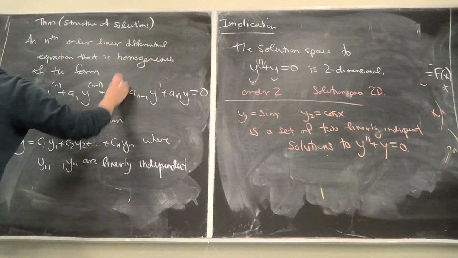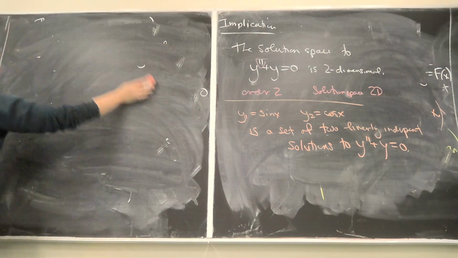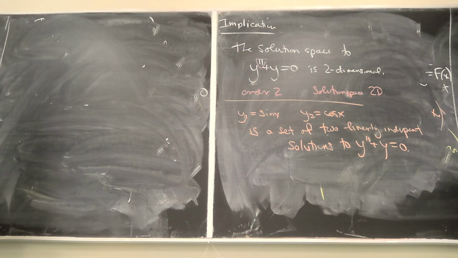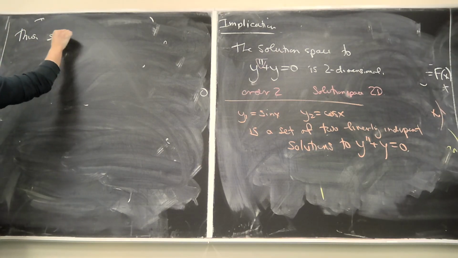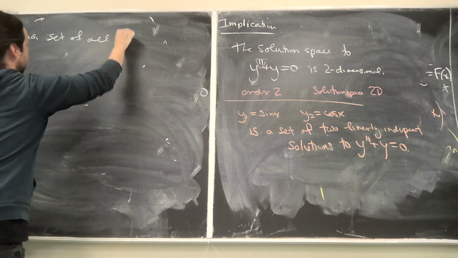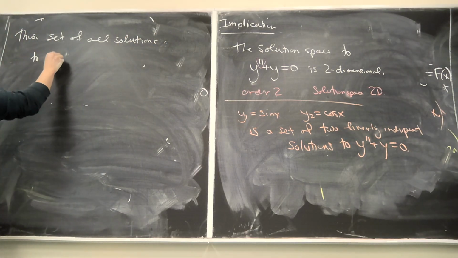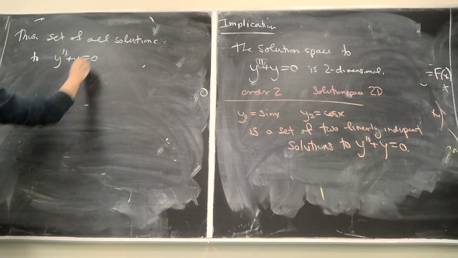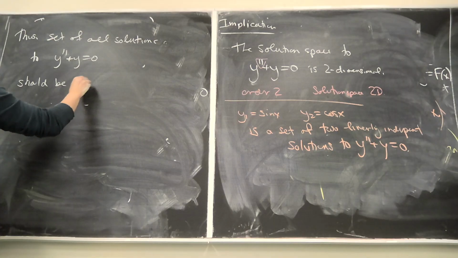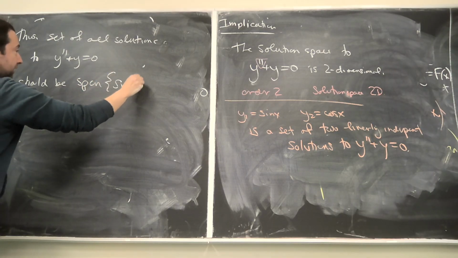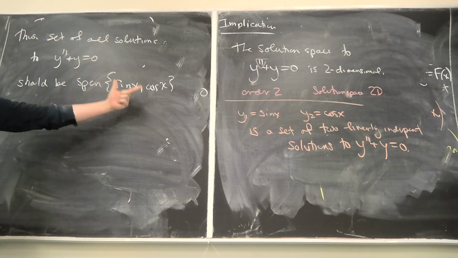So by invoking linear algebra, that must mean, thus, the set of all solutions to y double prime plus y is equal to 0 should be the span of sine of x and cosine of x. These are linearly independent. That is a 2-dimensional span.